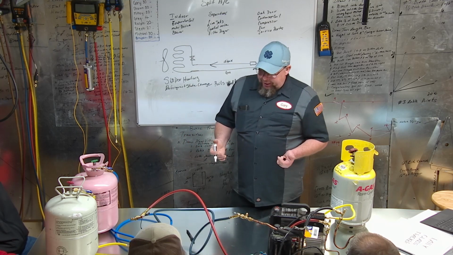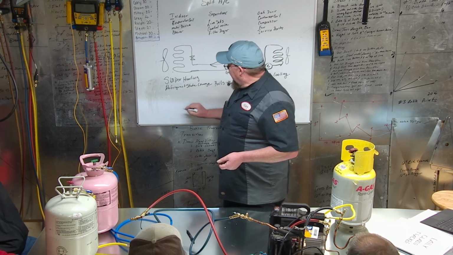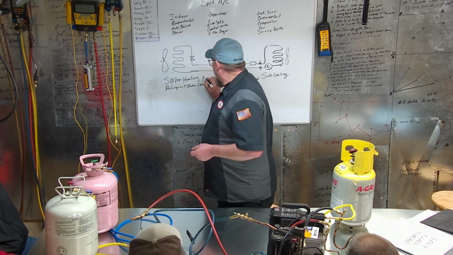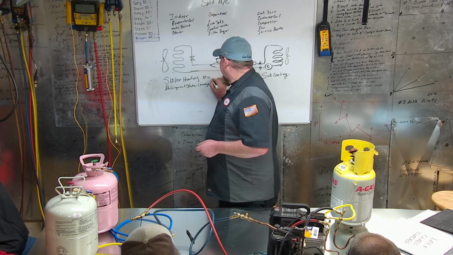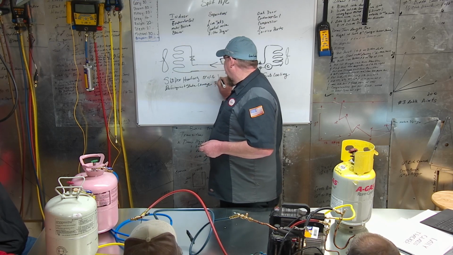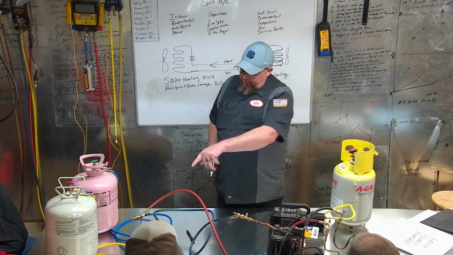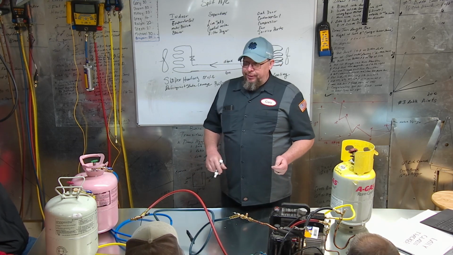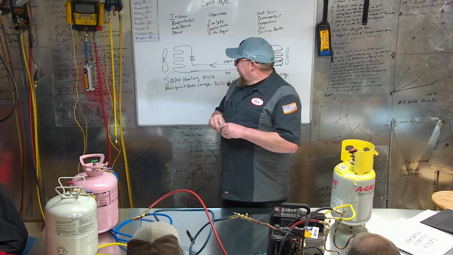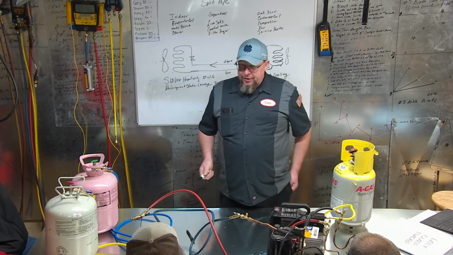Yesterday, what was happening? So we want a superheat of 12 degrees, plus or minus 5 degrees, depending on how cold it is outside, but usually 12 degrees on a metering device that's fixed like this one. Okay, so what was happening yesterday?